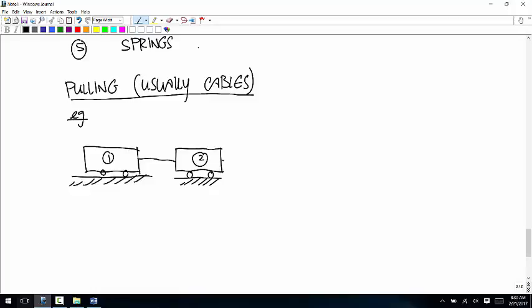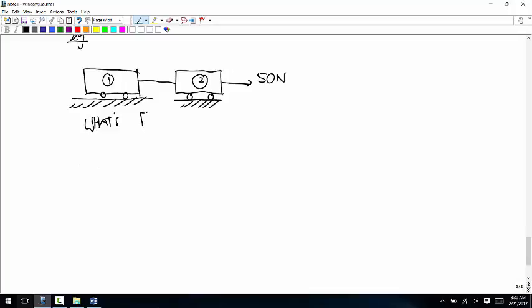And then you apply a 50 Newton force here. Then, for example, what's the force the cable applies to cart 1?